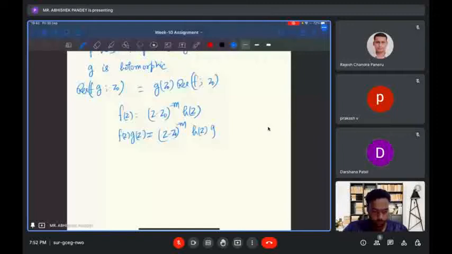Yeah, so if f has a pole of order m at z naught, then basically in the Taylor series expansion, for that one a minus m is 0, isn't it?